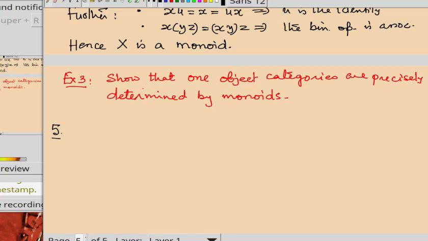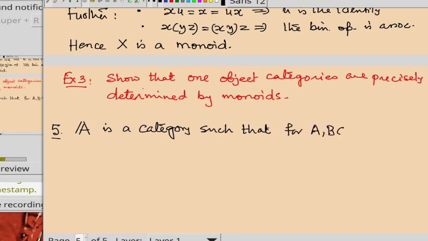So this time we say that A is a category such that for A, B in objects, the Hom set of A, B is at most a singleton.